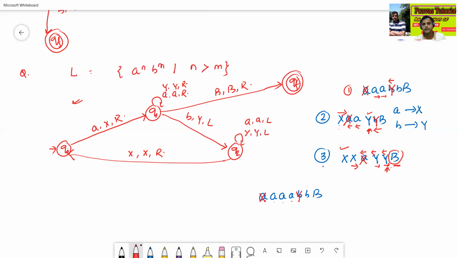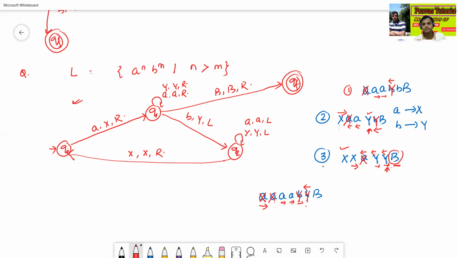Then Q2 skips Y, Q2 skips A, Q2 skips A, Q2 skips A, and Q2 reads X. When Q2 reads X, move towards right. Then Q0 reads A, write as X, and Q2 skips A, Q2 skips A. Then Q1 skips Y. When Q1 reads B, write as Y. Q1 reads B, write as Y and move towards left.